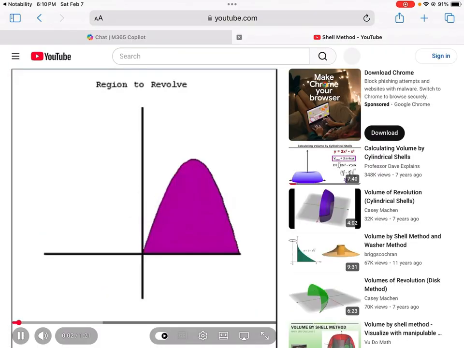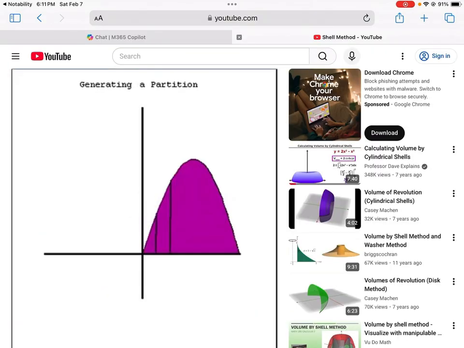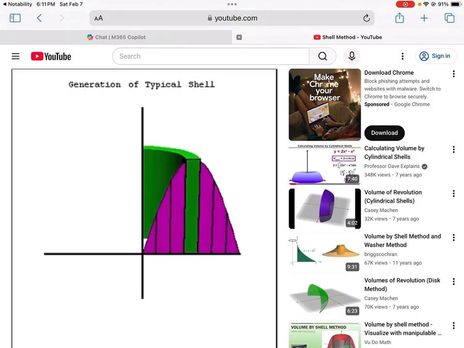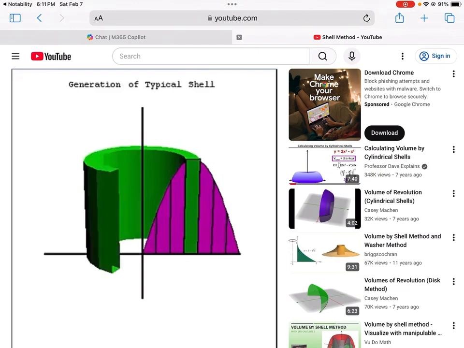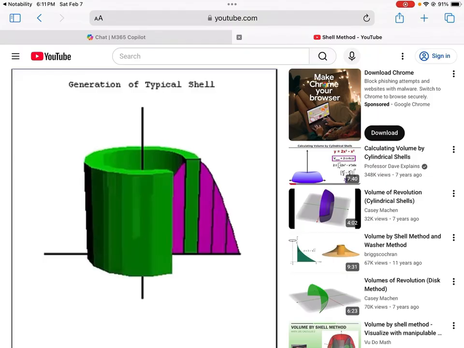This is the region, and the first thing we do is partition it, then pick a strip here and then create a shell. Each strip will create a cylindrical shell.